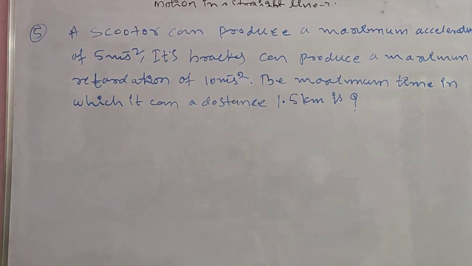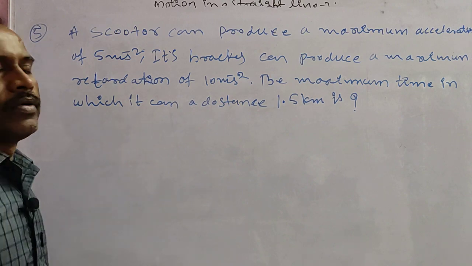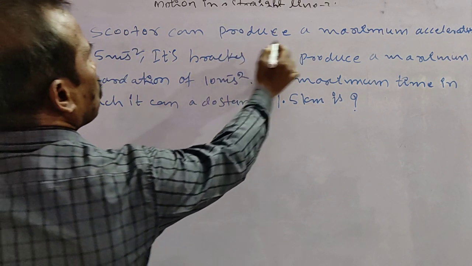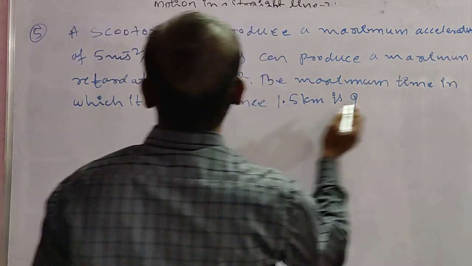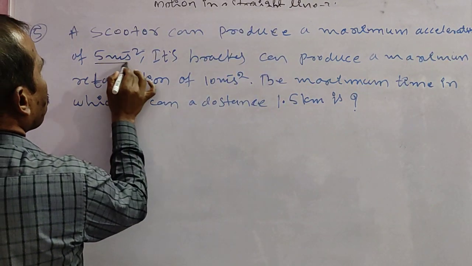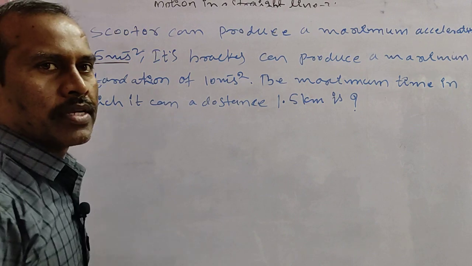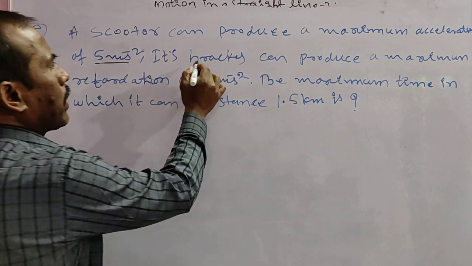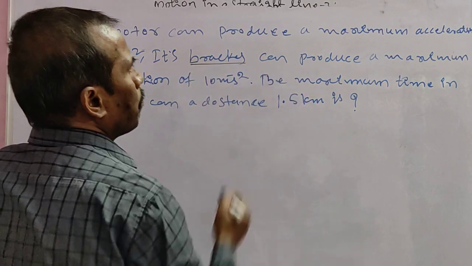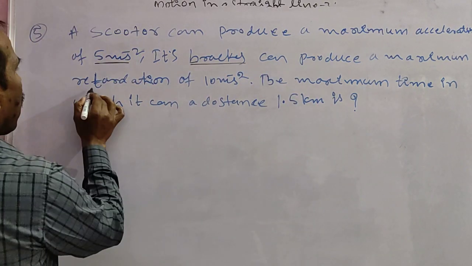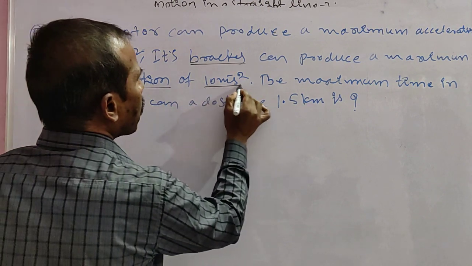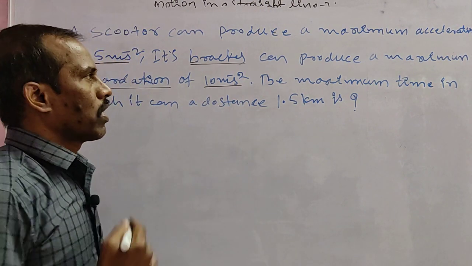Next problem, very important problem. A scooter can produce a maximum acceleration of 5 meter per second square. Its brakes can produce a maximum retardation of 10 meter per second square.